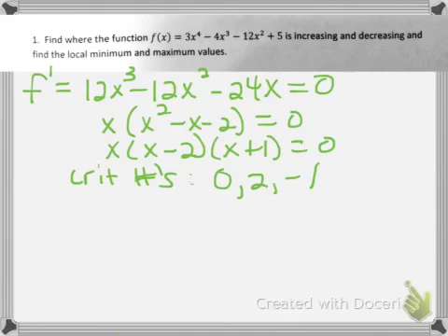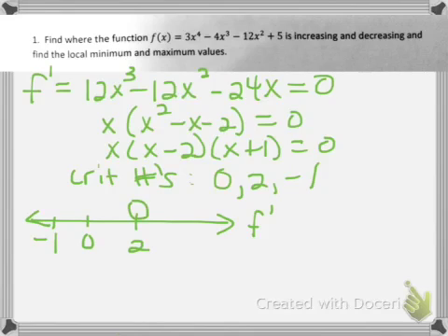Now, if I want to know where I'm increasing, decreasing, what do we need? We need the first derivative sign chart or number line. So I know that at 0, at negative 1, and at 2, I'm 0. So now I'm just going to test. Now, where do you test? This is the big question. I'm testing in the first derivative. I want to know, is the first derivative positive or negative?